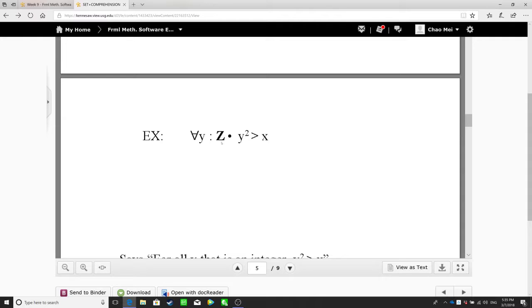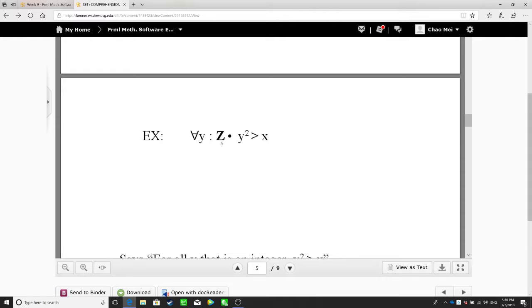It's very strict. So every y, every integer, actually we can use any value as long as it's an integer, put them as a y, and y squared greater than x. If x is any integer or any number, we can always find a y where y squared is less or equal to x, because if x is 0, y is 0, they're equal, and if y is 1, that is greater than 0.